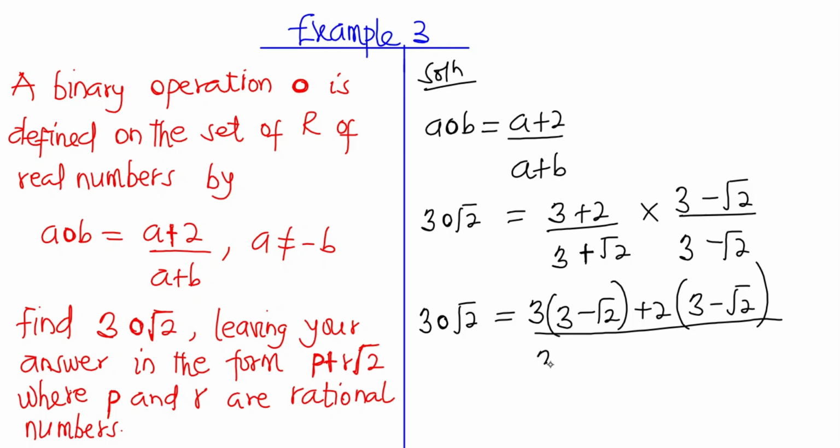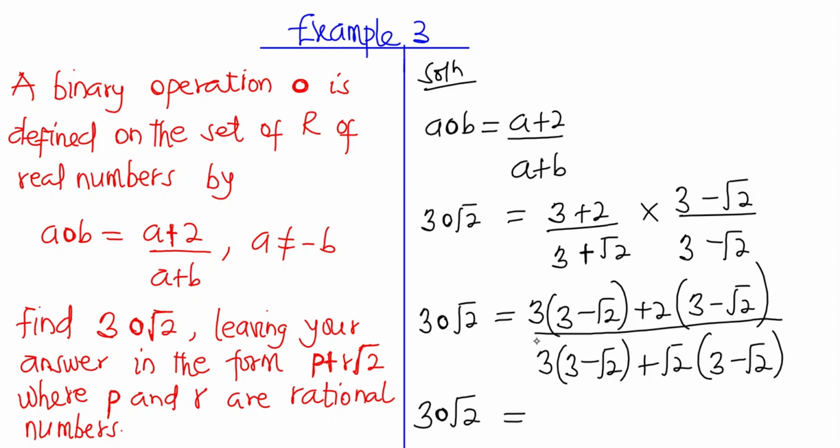It means that 3 is going to take 3 minus square root of 2, and then plus square root of 2 also takes 3 minus square root of 2. Once that is done, 3 dot square root of 2 now is equal to 3 times 3 gives us 9 minus 3 square root of 2, and then here we have plus 6 followed by minus 2 square root of 2.